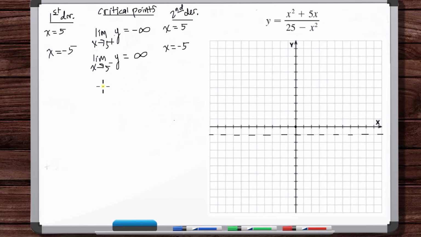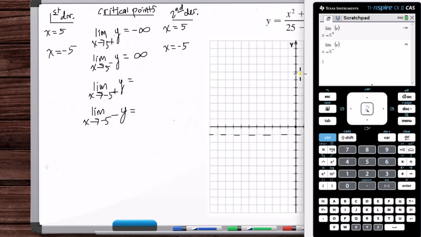Okay, so let's do now the limit as x approaches -5 from the left and from the right. It's -1/2 from both sides.